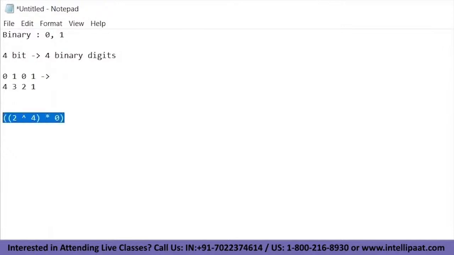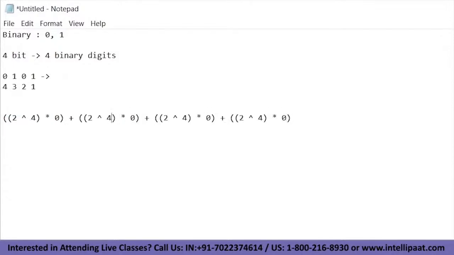And we do the same thing for all of them. Now we go 2 raised to the power 3, then 2 raised to the power of 2, then 2 raised to the power 1, and 2 raised to the power 0. These are the 3rd, 2nd, 1st and 0th positions.